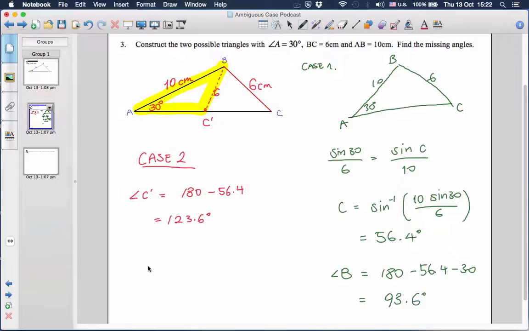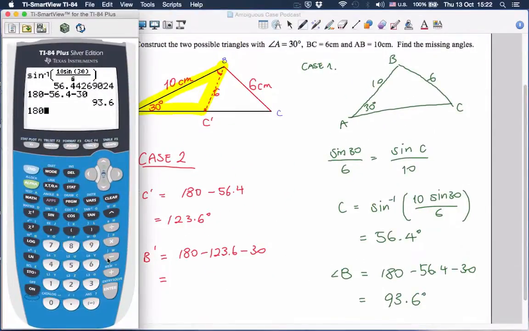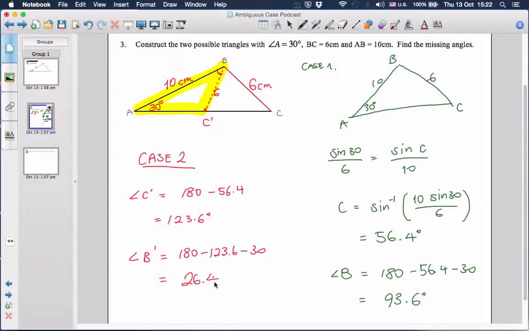Okay, then let's call this angle B prime, and that angle would be 180 minus 123.6 minus 30, and that would be 26.4 degrees.